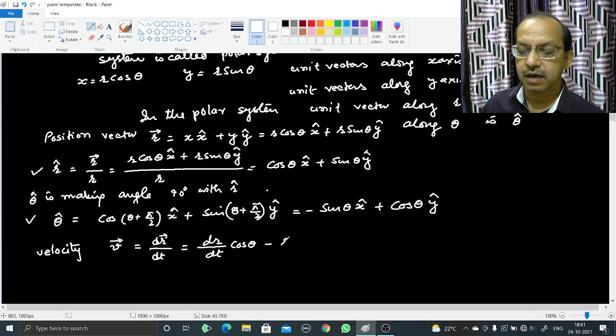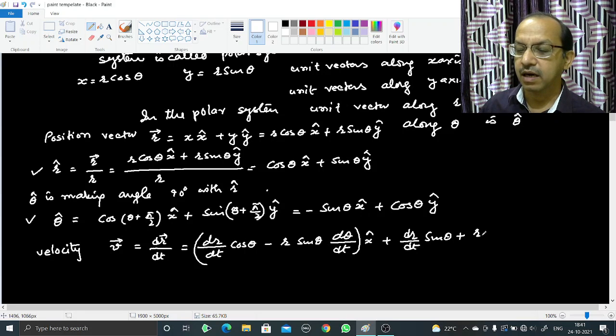minus r sin theta d theta over dt, that is x cap. In the second one, it will be dr over dt sin theta plus r cos theta d theta over dt, y cap.